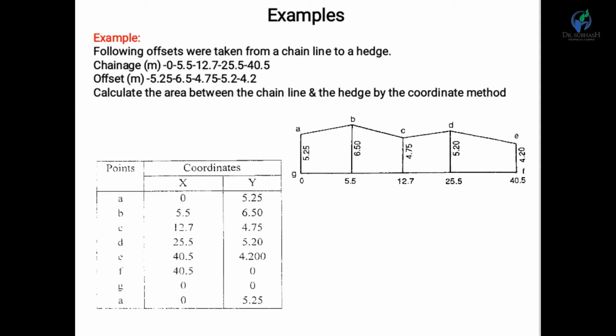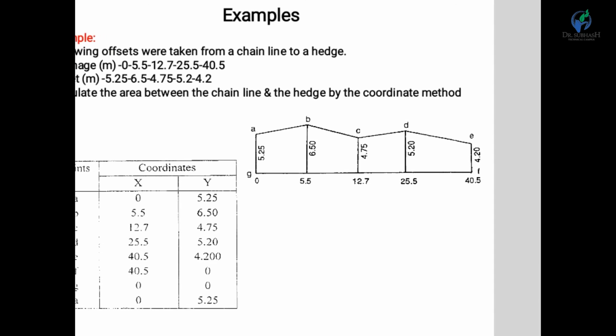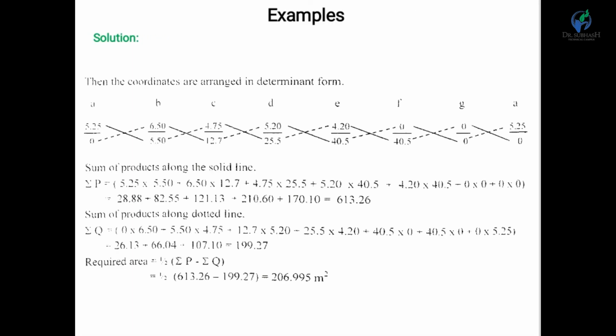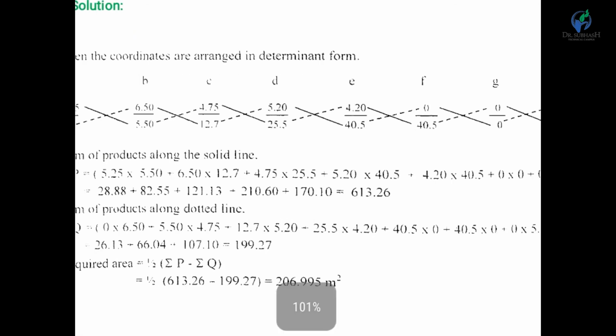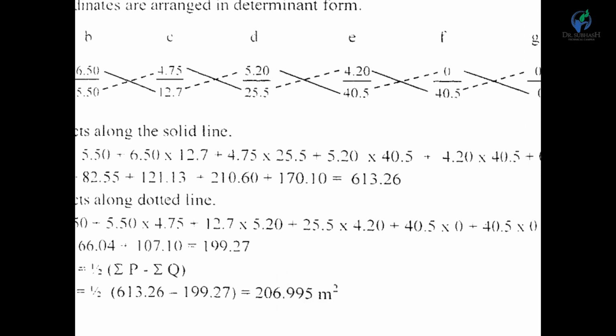Now, in the example of area using the coordinate method, some coordinates and points are given. So we have to calculate the area between the chain line and the edge by the coordinate method. First we arrange all the ordinates into x and y format, and then we cross multiply each ordinate and sum them as per the previous methodology.